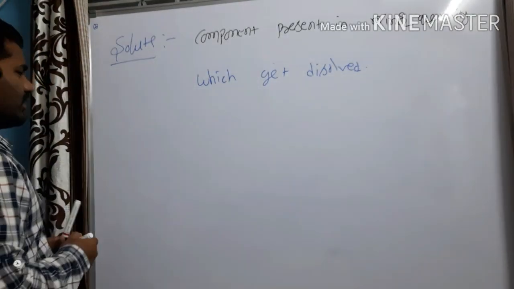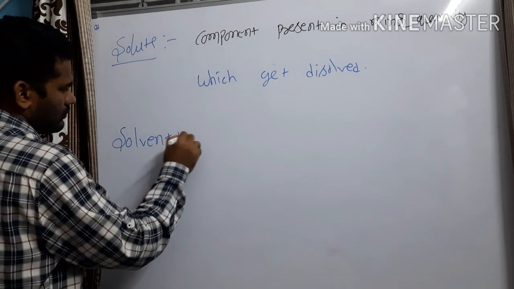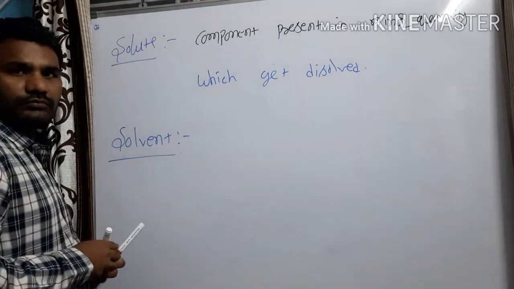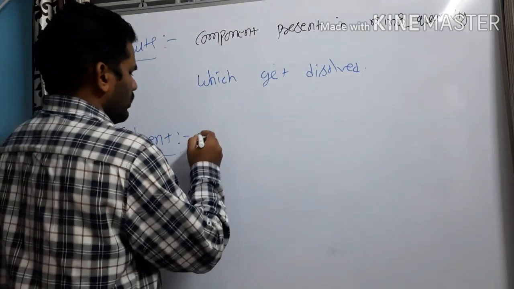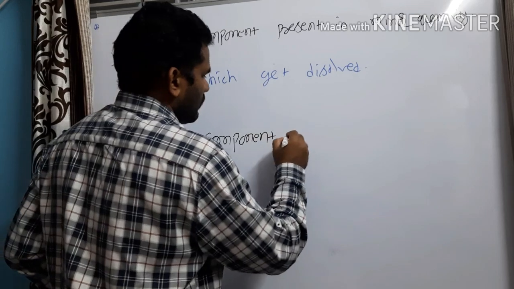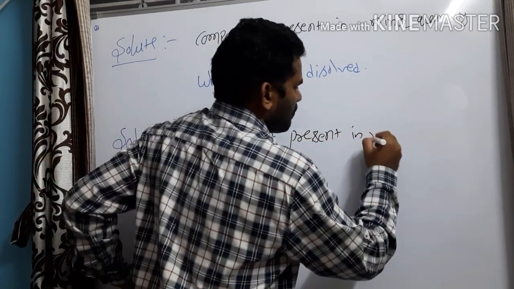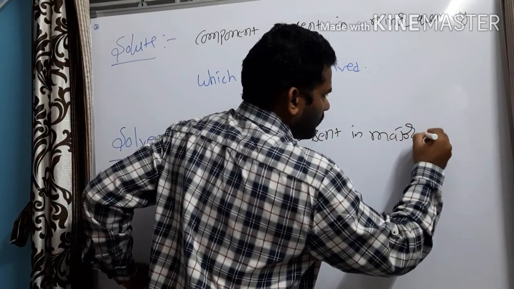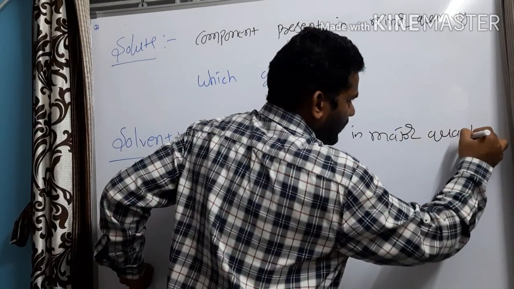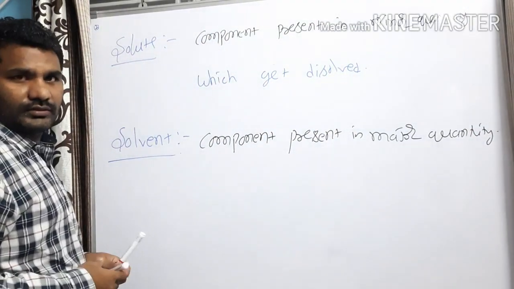Now let us try to understand another term, solvent. Component present in major quantity or huge quantity is called as a solvent.